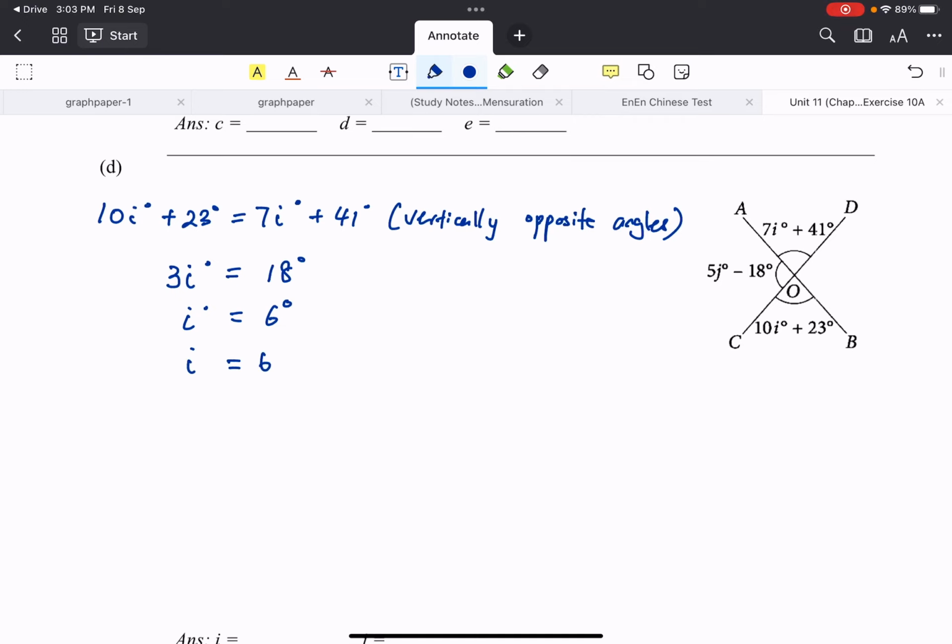We got that, right? Then to find j, all we need to do is just use angles on a straight line, right? So 5j degrees minus 18 degrees, right? This one plus, okay, we can use either one. So let's use 10i degrees plus 23 degrees is equal to 118 degrees. And the reason, because they are angles on a straight line.